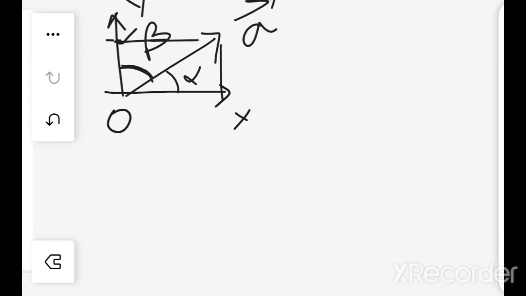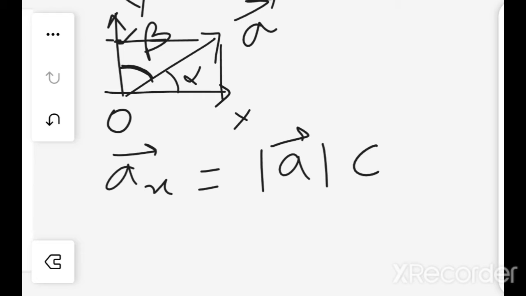So we can write the x component of vector A as the magnitude of vector A cos alpha, because we need to get the angle with respect to the x-axis.